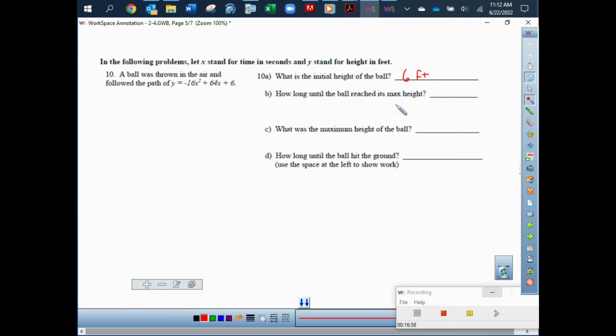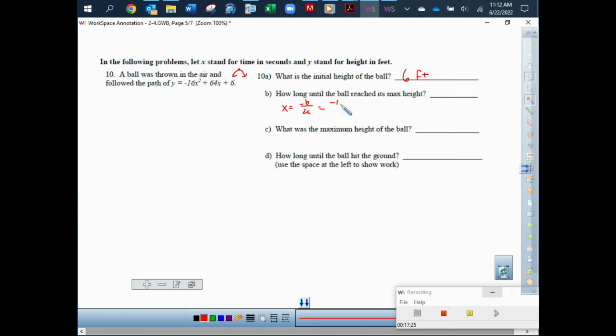How long until the ball reaches its max height? Well, don't forget, this is a parabola that opens down. Isn't the maximum point of that parabola right here at the vertex? So we will find the vertex. Is this in standard form or vertex form? Since there's not that parenthesis thingy, this is in standard form. To find that, we'll do x equals the opposite of b over 2 times a.